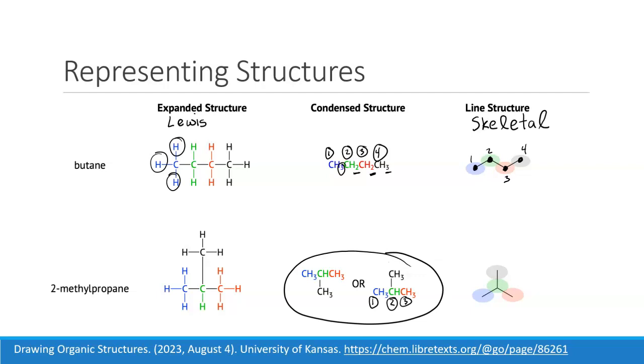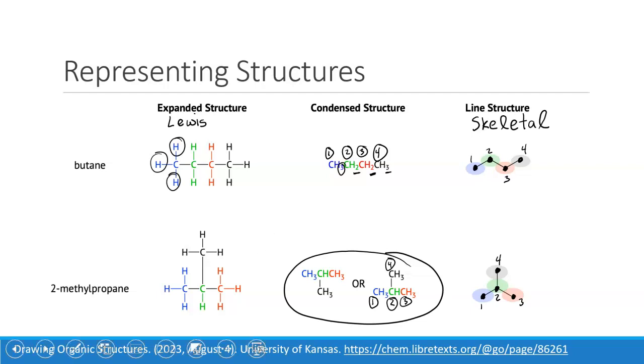And so carbon number 4 we're going to place up top. And then in your skeletal structure, again, every end of a line represents a carbon, and every corner represents a carbon. So all 4 are shown there as well. 1, 2, 3, and 4 up top.